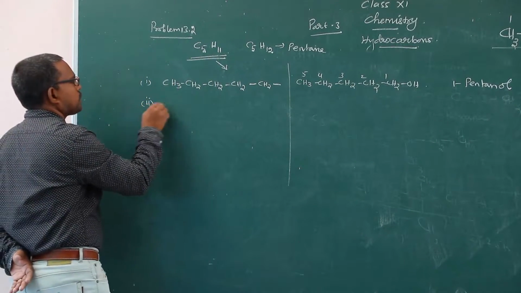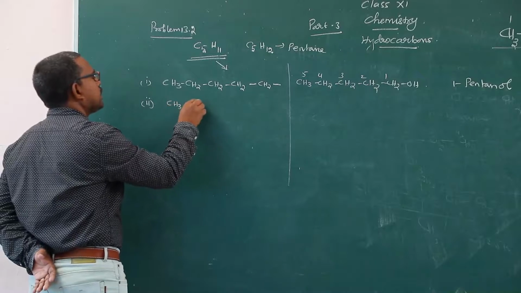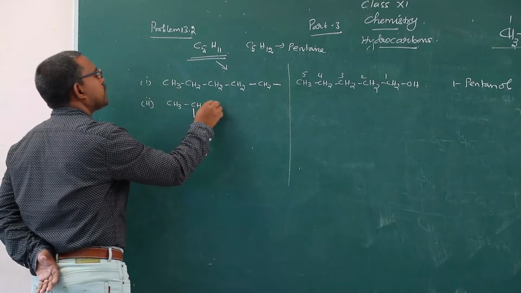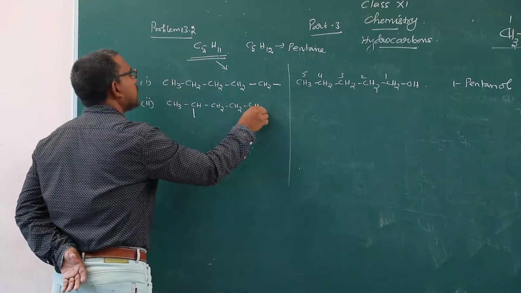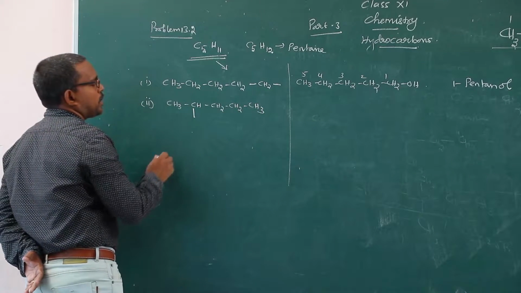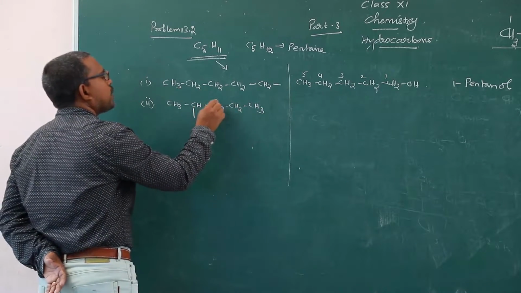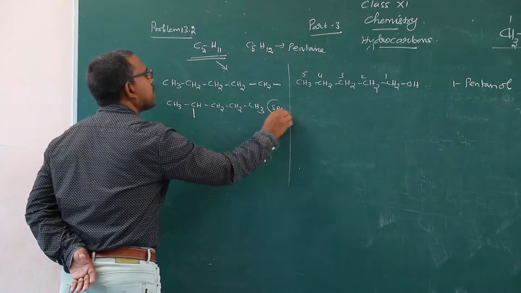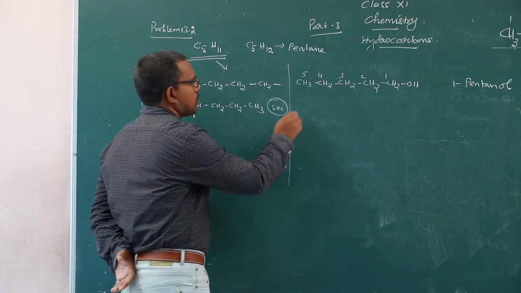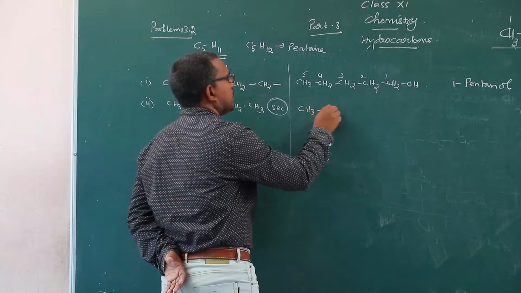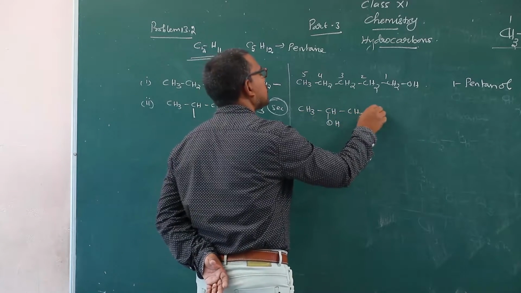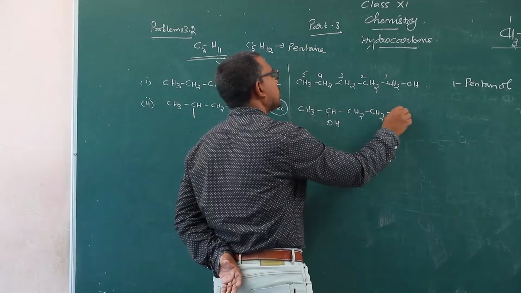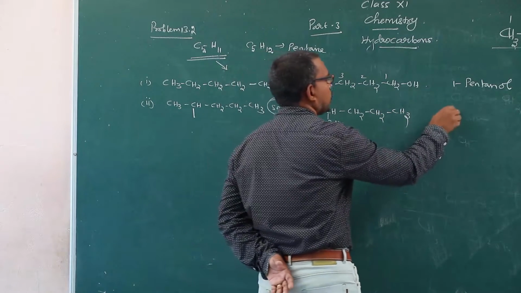The second member, CH3, CH, CH2, CH2, CH3, has totally 5 carbon atoms. This is a secondary compound: CH3, CHOH, CH2, CH2, CH3.